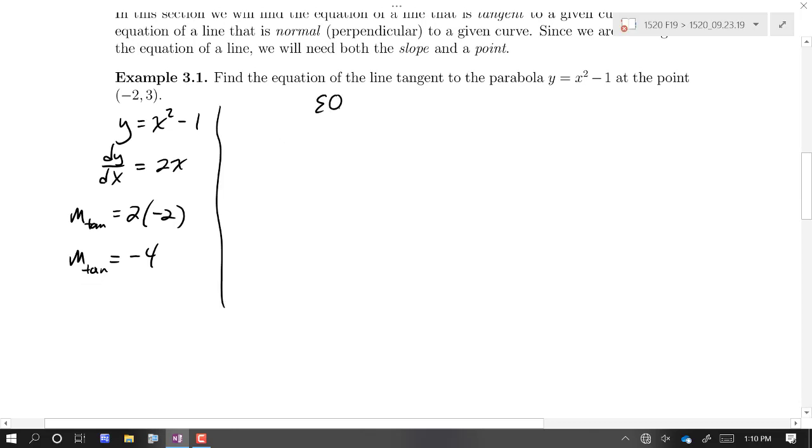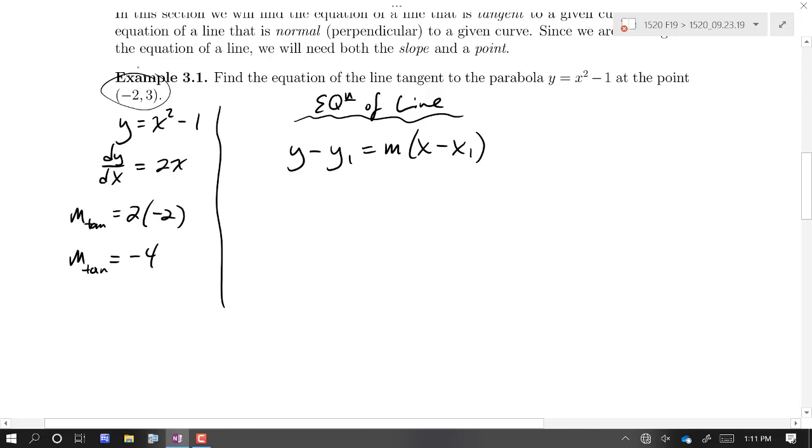And now we'll put together the equation of a line. When I'm putting together the equation of a line, I almost always default to using the point-slope form. I find it easiest. So y minus y1 is equal to m times x minus x1. And I know my x1, y1, that's the point they gave me.